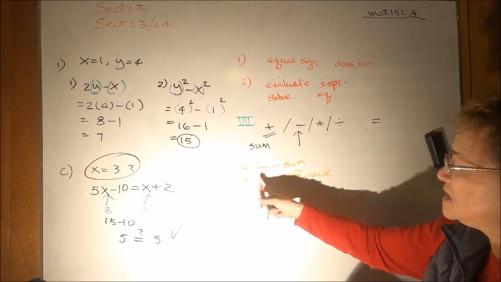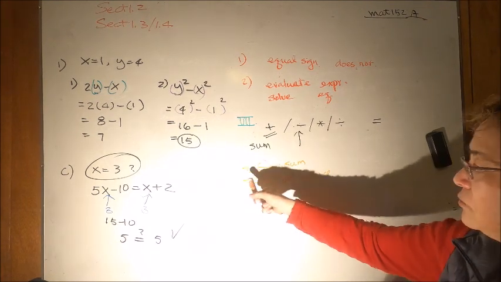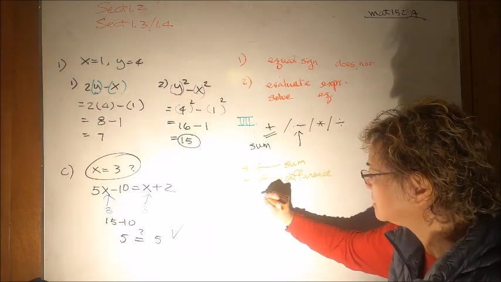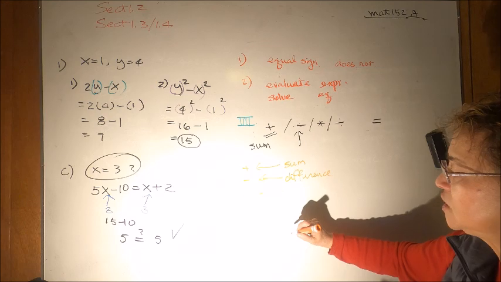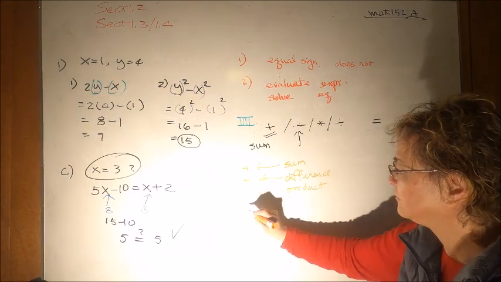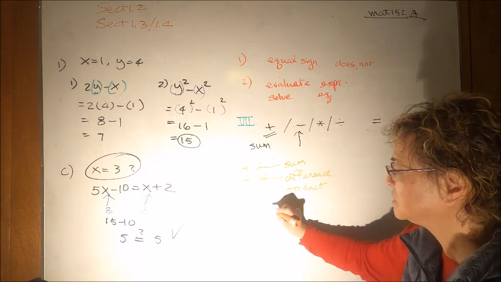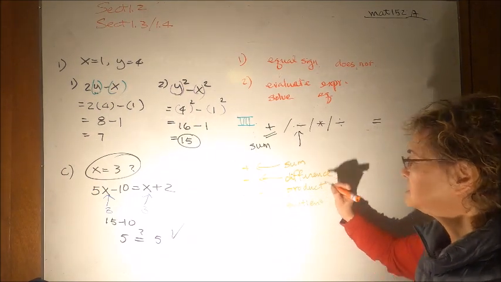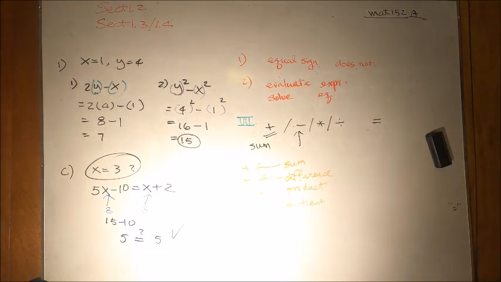Right? The result of addition is the sum. The result of subtraction is the difference. The result of multiplication, we say is a product. The result of division, we say is the quotient. So those are the math language we use.